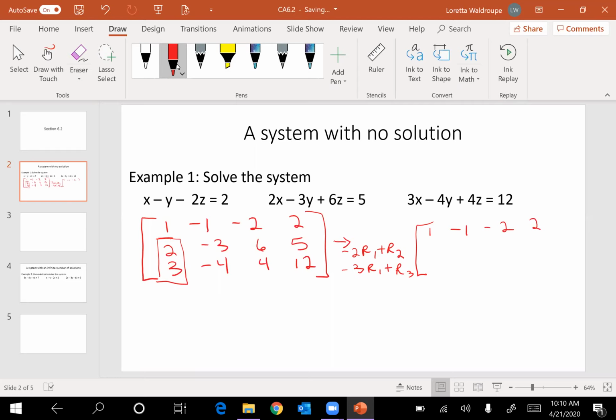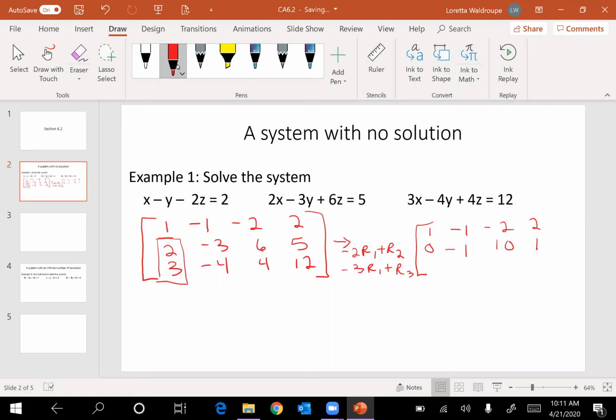So negative 2 times 1 added to 2 is 0. Negative 2 times negative 1 is 2, plus negative 3 is negative 1. Negative 2 times negative 2 is 4, plus 6 is 10. Negative 2 times 2 is negative 4, plus 5 is 1. Bottom row.